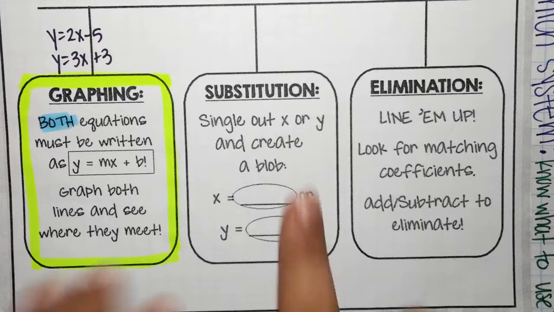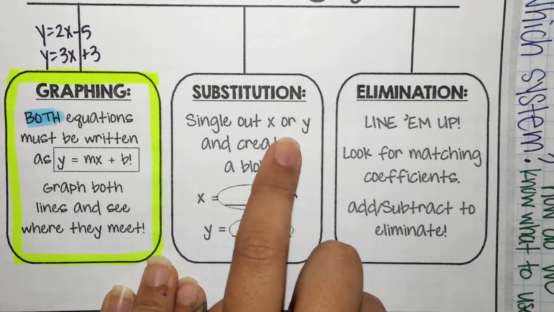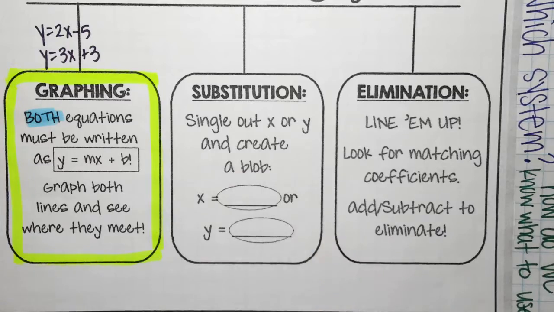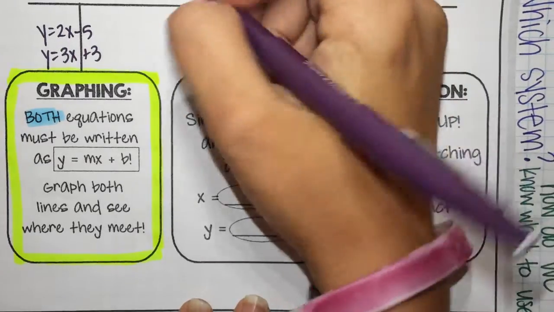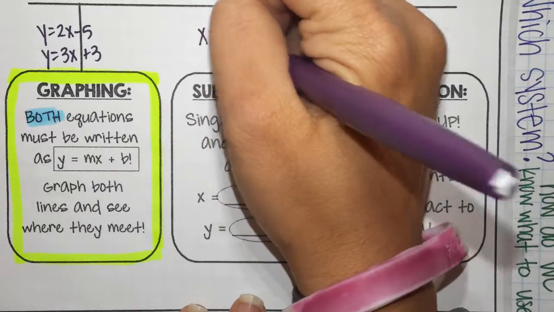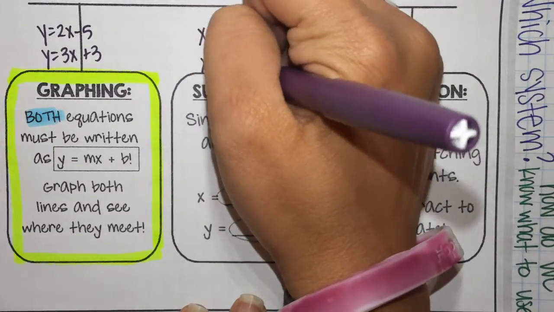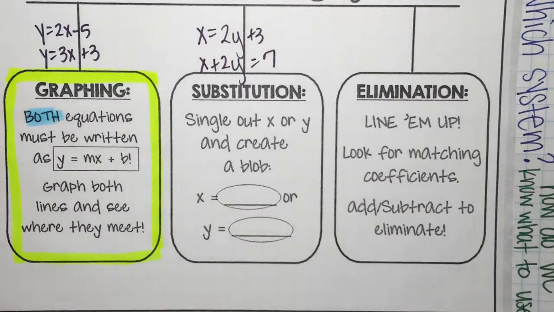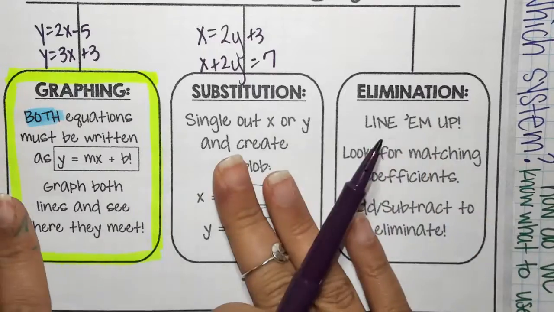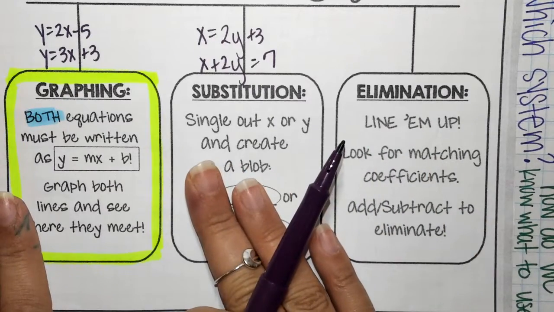Okay. Now substitution is single out x or y. So look for the variable that's by itself. An example would be x equals 2y plus 3 and x plus 2y equals 7. So we look for the variable that's by itself.